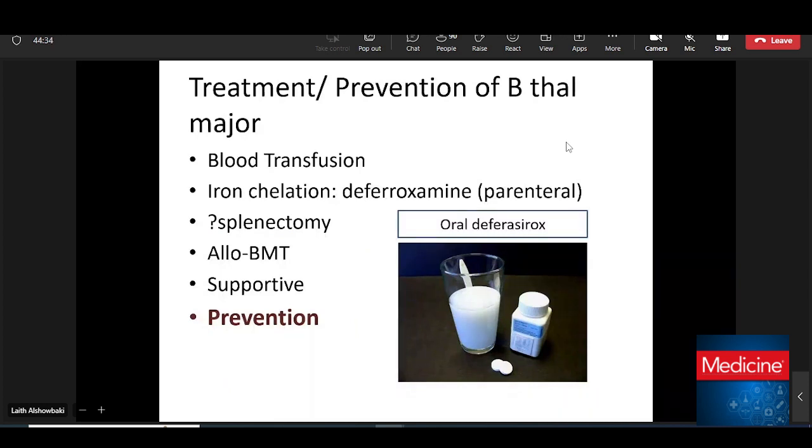The first thing is we prevent it with the application of premarital testing, in which people who have anemia and low MCV can have further testing for thalassemia with hemoglobin electrophoresis or alpha thalassemia genetic testing.